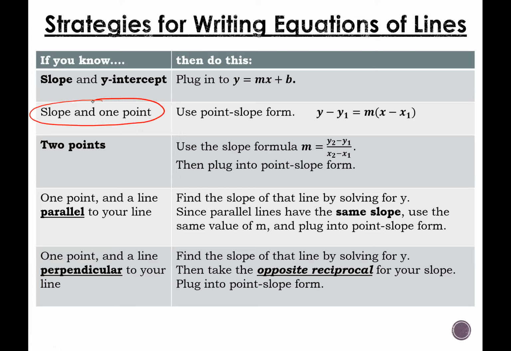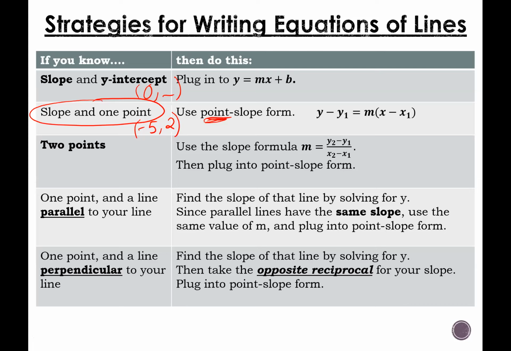So we were not able to plug in for b. Instead, we plugged into the point slope form, and we used the coordinates of our point to plug in for x1, y1. So the situation we just did in our previous example, we knew the slope and 1 point, and we used point slope form: y minus y1 equals m times (x minus x1).